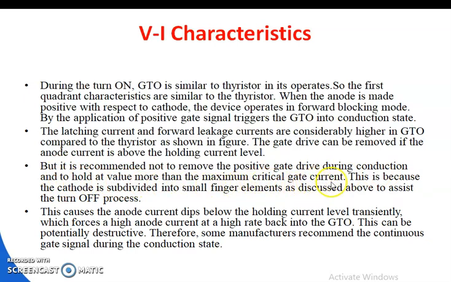This is because the cathode is subdivided into small finger elements, as discussed above, to assist the turn-off process.